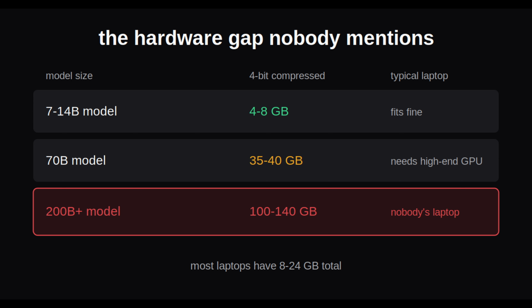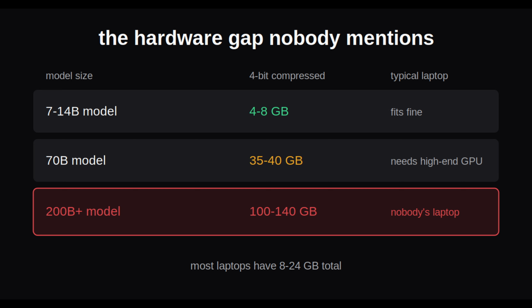Compare that to what's actually sitting in most people's PCs: 8, maybe 12, maybe 24 gigabytes of VRAM on a good gaming GPU. That's not close. It's not a "my PC is a bit slow" problem. It's a "this cannot physically load" problem.